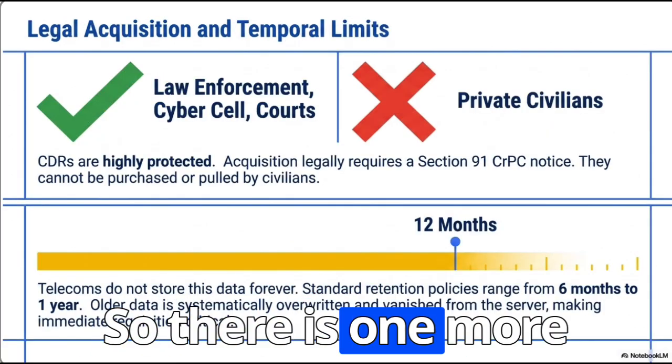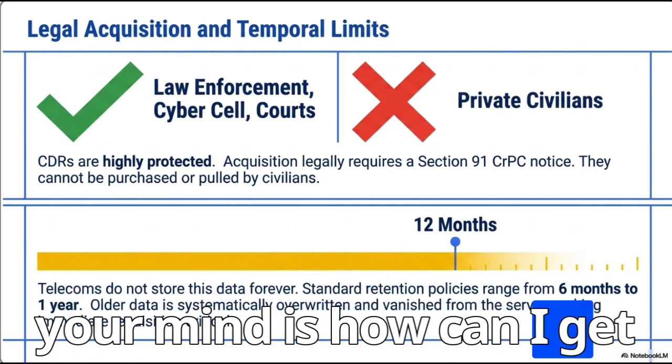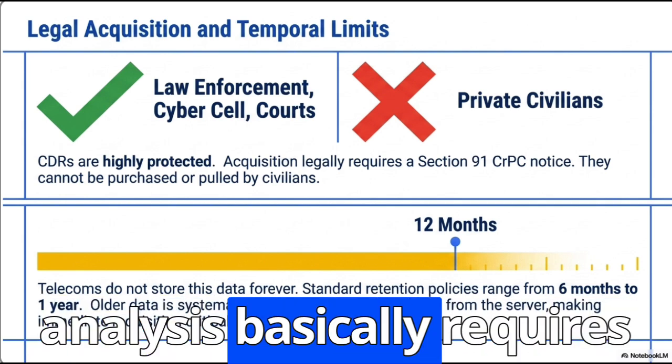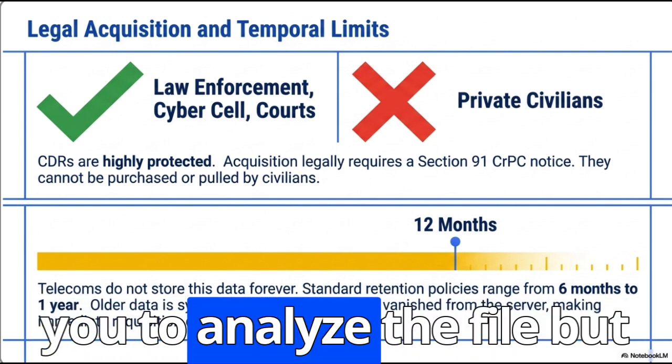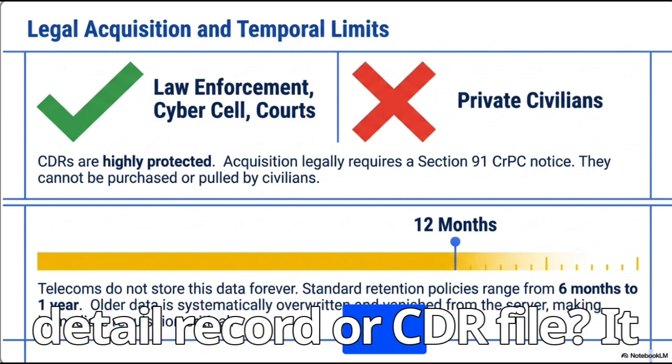Now there is one more question that might arise in your mind: how can I get the CDR record? Now CDR analysis basically requires you to analyze the file, but how do you get the call detail record or CDR file?